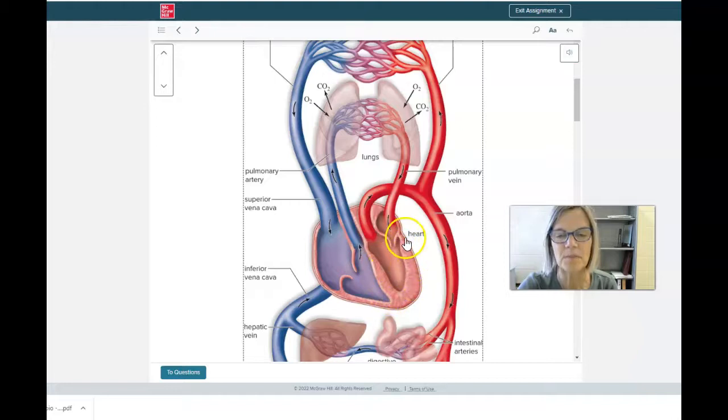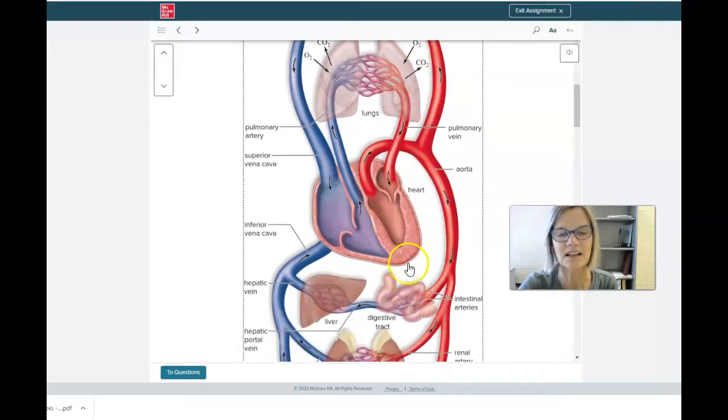That muscle is extra strong because it's got to pump the blood a long distance. Look at the thickness of the walls of the atria. They're kind of thin compared to this ventricle. The atria only have to pump the blood to the ventricles, but this left ventricle is going to pump the blood throughout the whole body in the systemic circuit, and therefore has a nice thick layer.